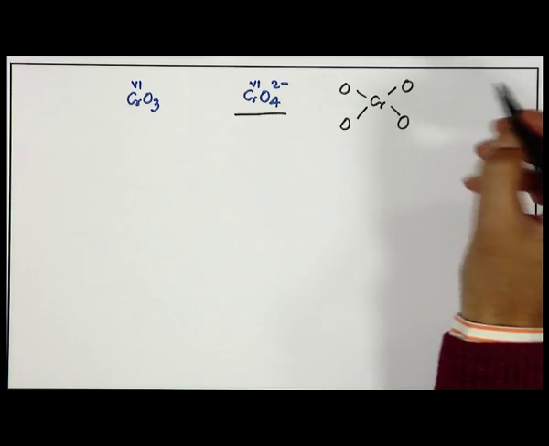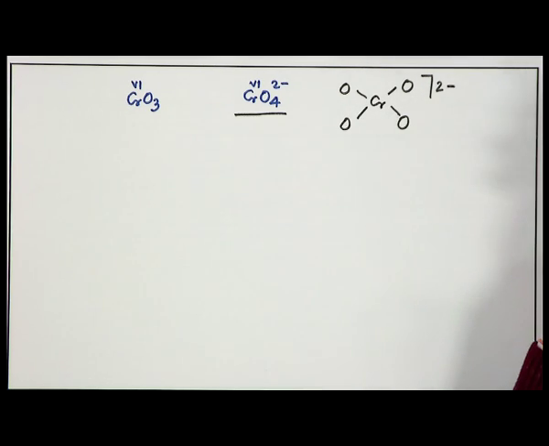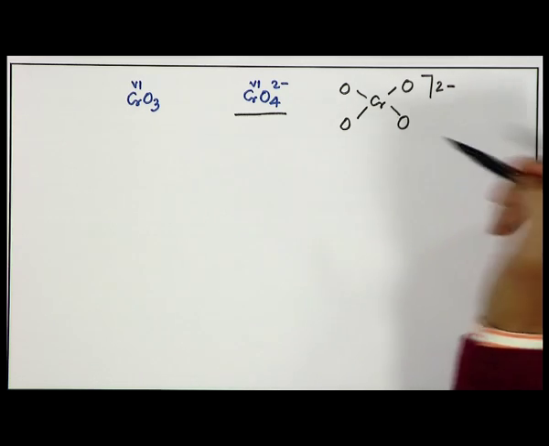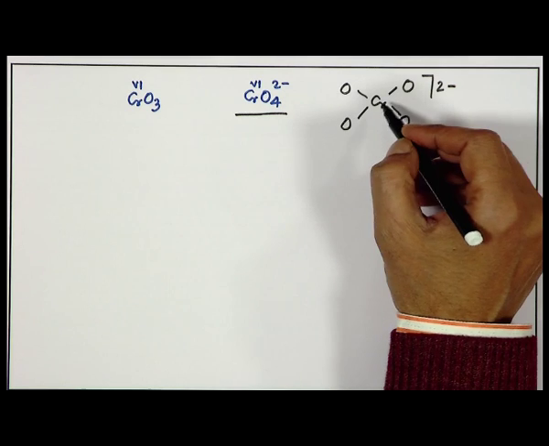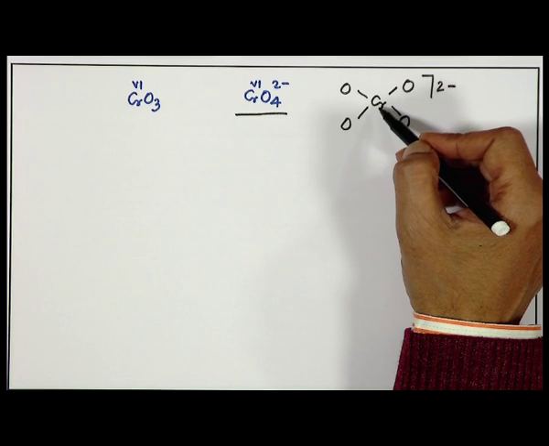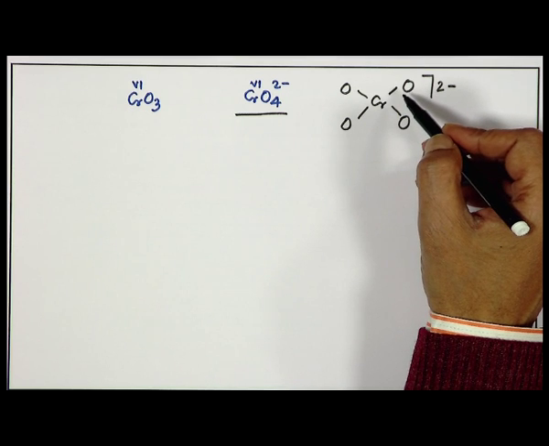So, we cannot have some network or matrix formation for this type of oxide. At the same time, depending upon the chromium oxygen distance, there is no chance of getting a chromium oxygen multiple bond.